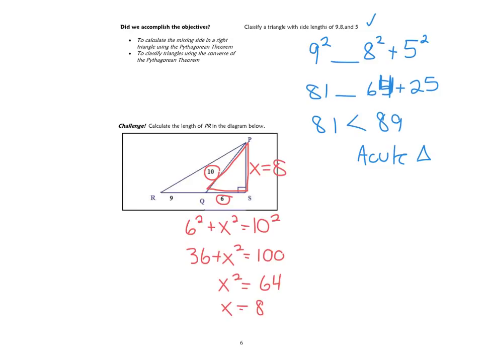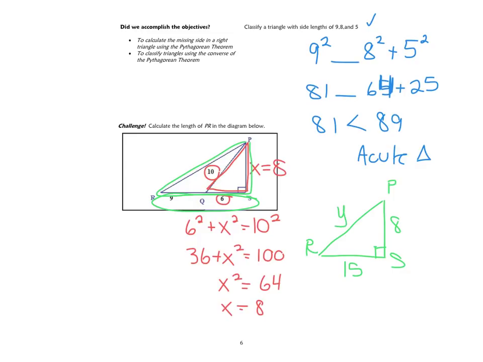Okay, now if I look at the entire big triangle, I do have two sides. I will redraw it over here because my whole goal of this problem was to find PR. Now I know that PS is 8, and RS, the entire bottom side, is 15. You don't multiply those. If I had to walk 6 blocks and then another 9 blocks, that's 15 blocks. It's not 9 times 6 blocks.